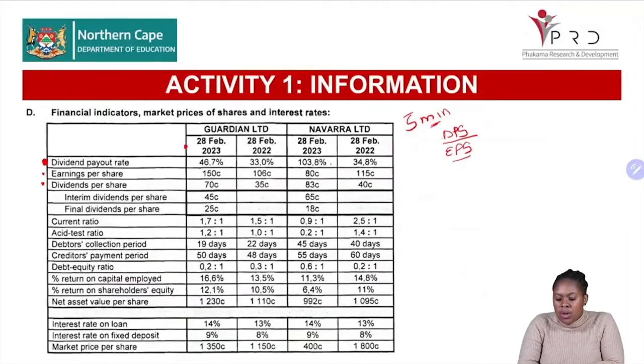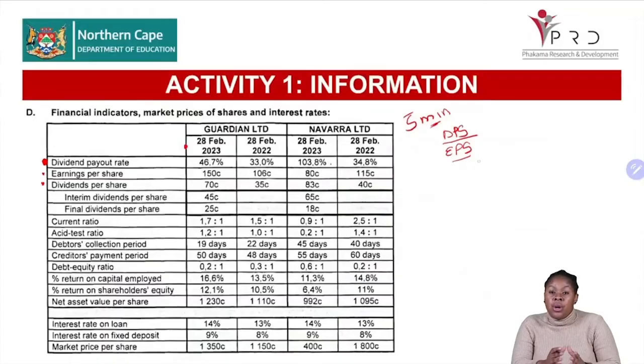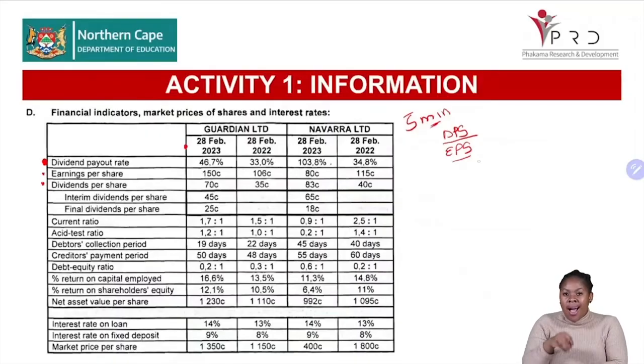All right. So the earnings per share is how much profit each share has actually earned. All right. And then, for example, if a share has actually earned a profit of 200 cents, which is 2 rand, how much from that 2 rand are the shareholders receiving as a dividend per share?